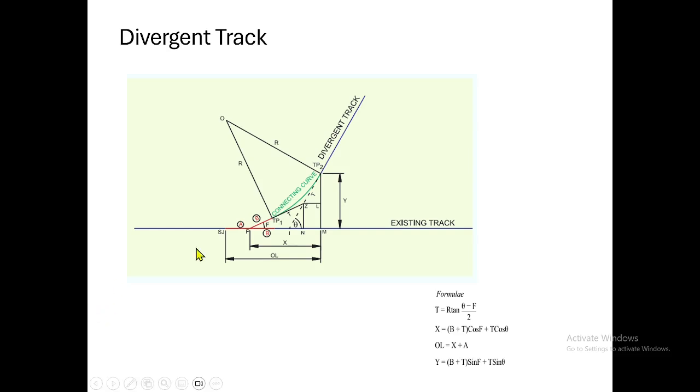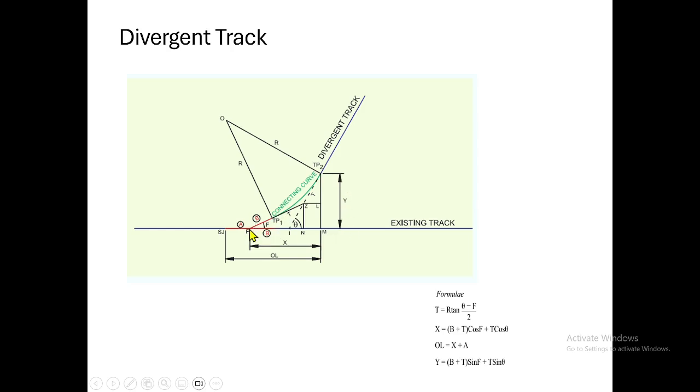First we have to calculate the x distance. How to calculate the x distance? Using the cos rule we will be able to find out this distance. As far as y is concerned, it is sine, so using the sine rule we are going to do it.